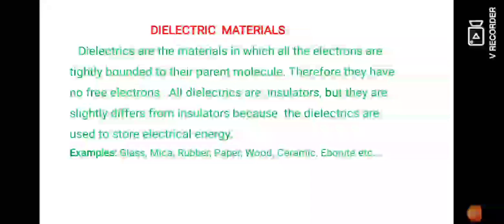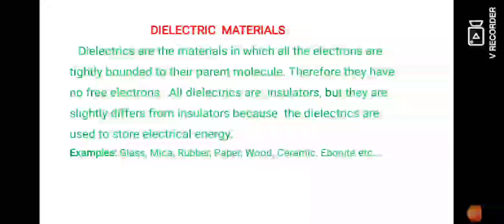Because in conducting materials such as metals, the number of free electrons is more. But in the case of insulators or dielectric materials, there are no such free electrons. Therefore, they cannot conduct heat or electricity. Now let us see what these free electrons are. Free electrons are nothing but the electrons available in the outermost incomplete orbit of an atom.